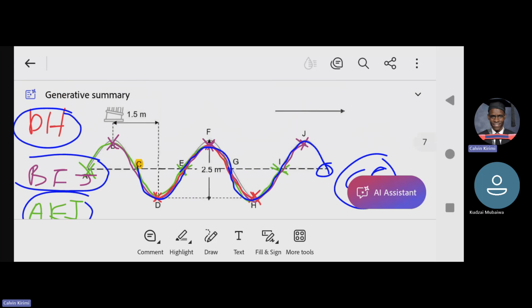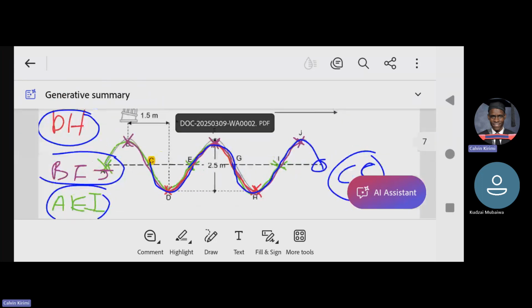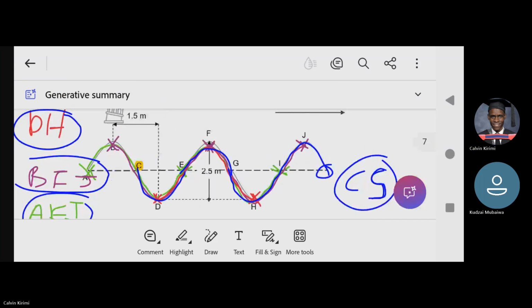All right. So you are talking of what? Examples of out of phase. No, these ones are in phase.